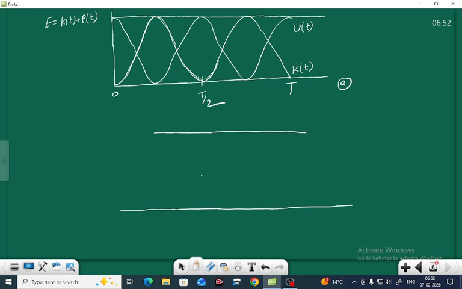So what you find here is the kinetic energy from plus A to minus A. This is kinetic energy K depending on x, right? And it is minus A, this is plus A.